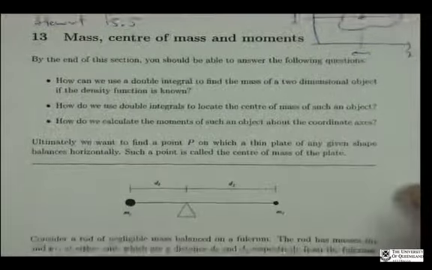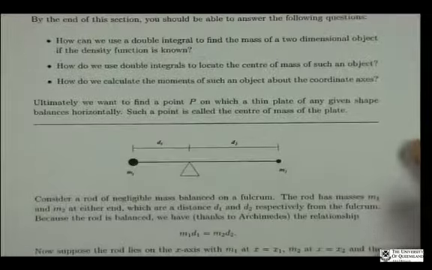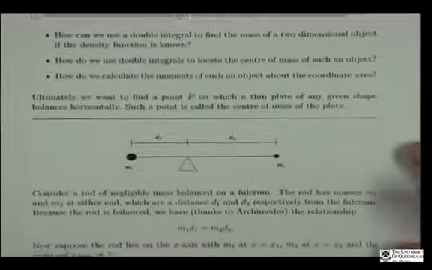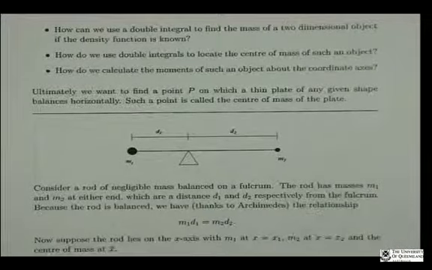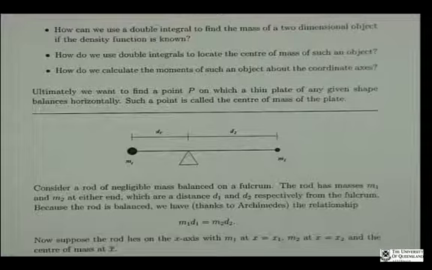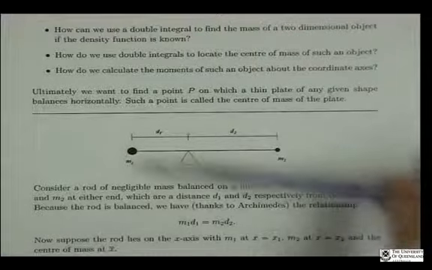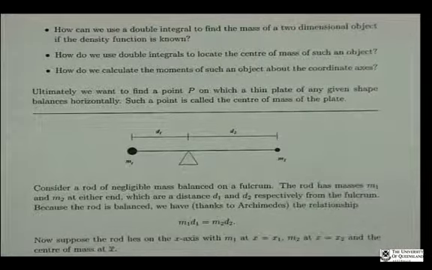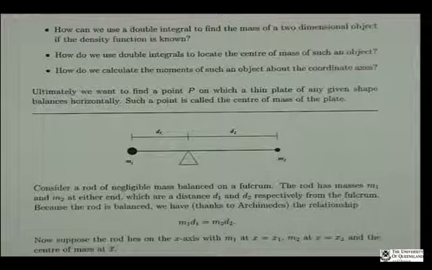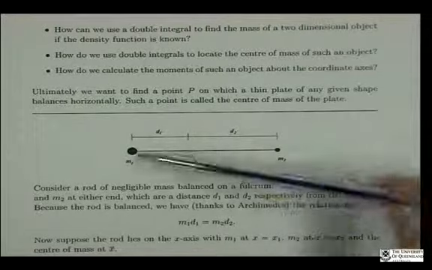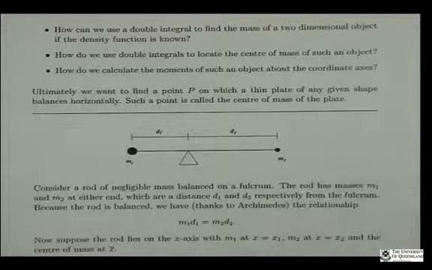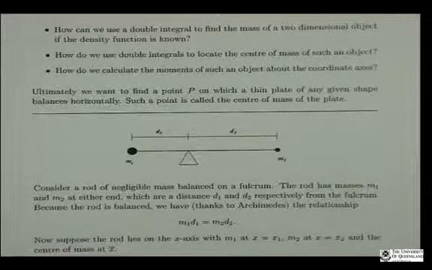Let's have a look at this law of nature, if you like, that we're going to exploit. On page 86, it's quite a simple setup, a bit like a seesaw. Say we've got a rod of negligible mass that's balanced on a fulcrum with two masses, M1 and M2, at either end.